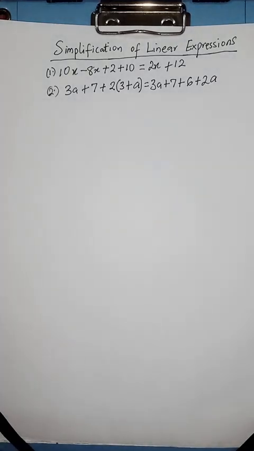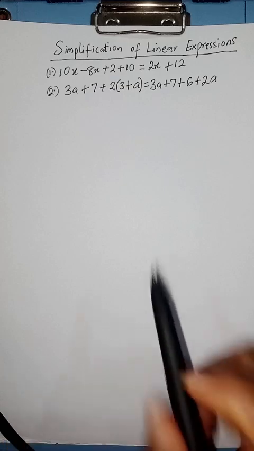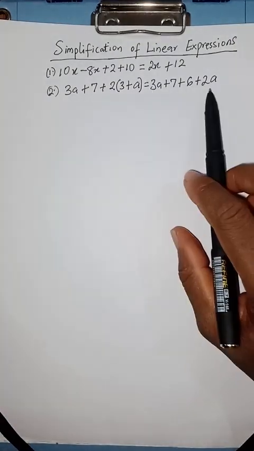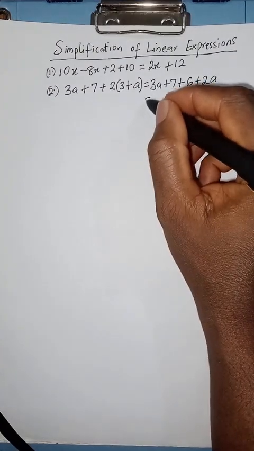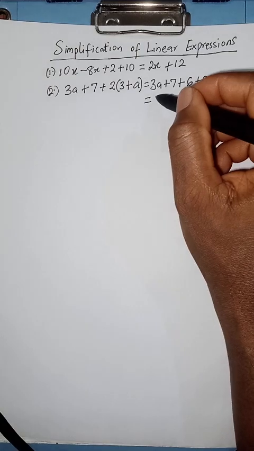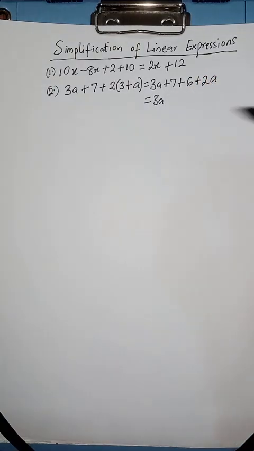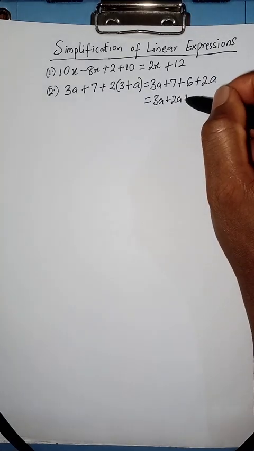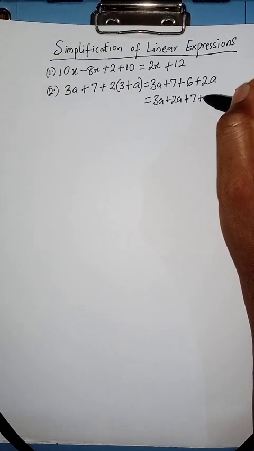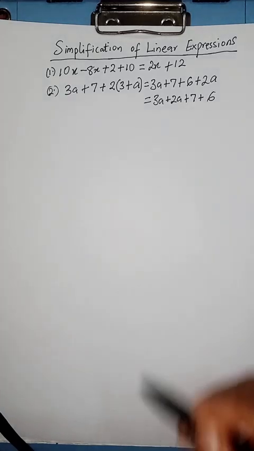The bracket is gone. The next step is to collect like terms. Those that have similar values, stick them to one side. For example, this is 3a and 2a. Bring them to one side. And so my expression will become 3a plus 2a plus 7 plus 6.